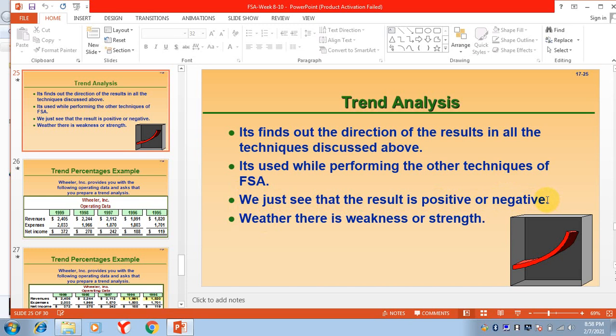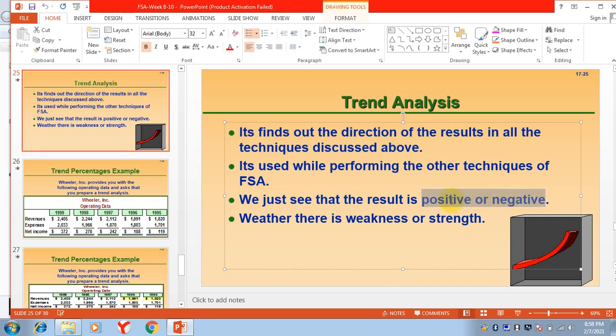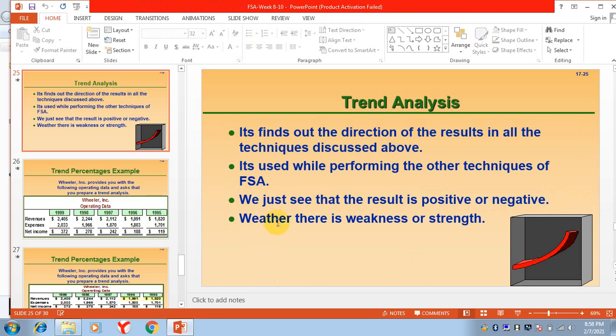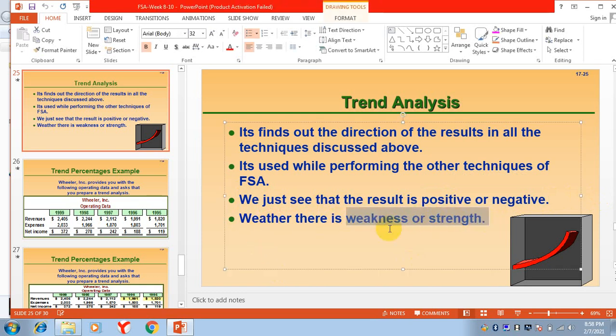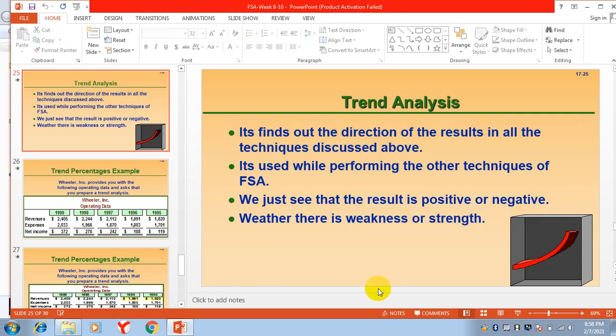It will tell us whether there is a weakness or strength. Trend analysis just shows positive or negative results, or weaknesses or strengths, in a trend.